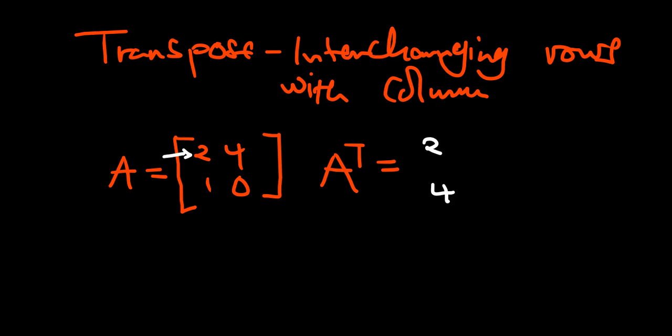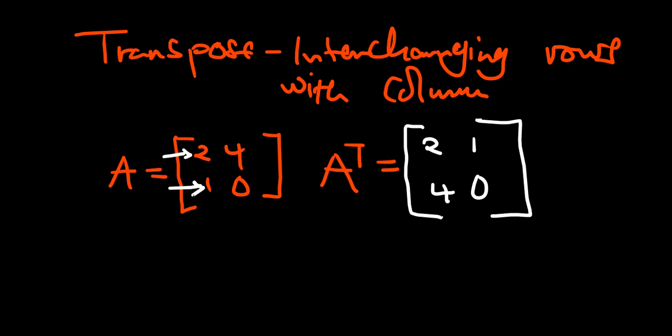Then this second row becomes the second column, so we're going to write 1 and 0. So we see that this here is the transpose, we've just interchanged the columns with the rows.